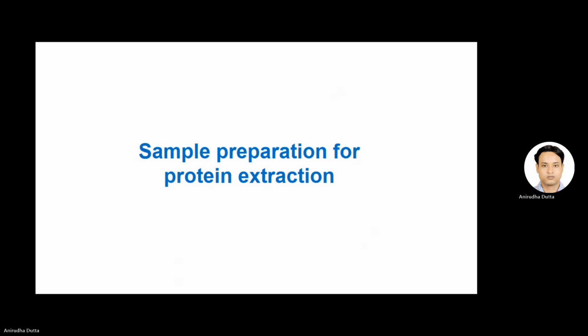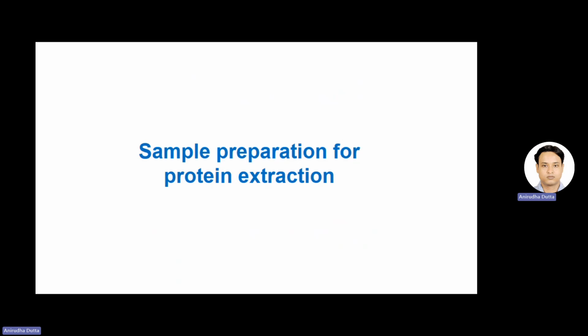For that, first we are going to discuss a little bit about what protein is, what the forces are that stabilize protein structure, and how we can prepare a protein sample in such a way that it would be stable in the solution.